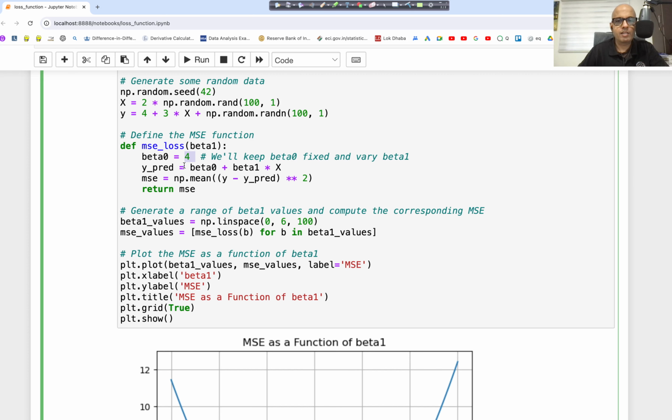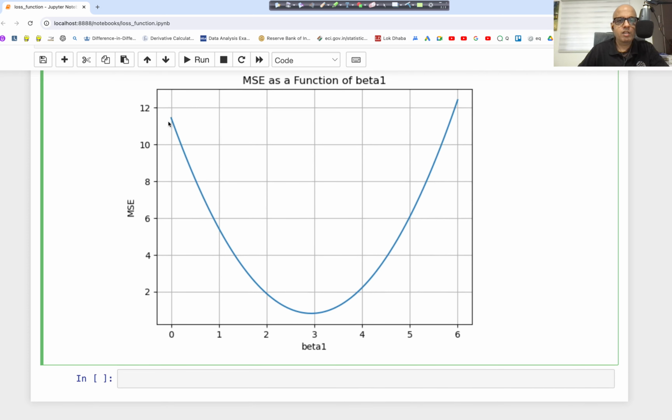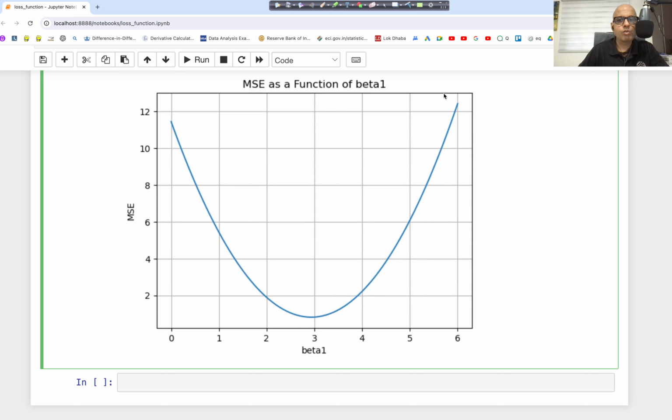That's the y-intercept we talked about. And if you plot this, this is the generic U-shaped curve that we get for a loss function, which is the MSE. On the y-axis we have the MSE, on the x-axis we have beta 1.